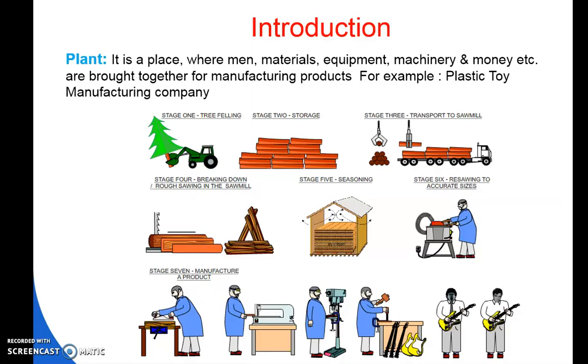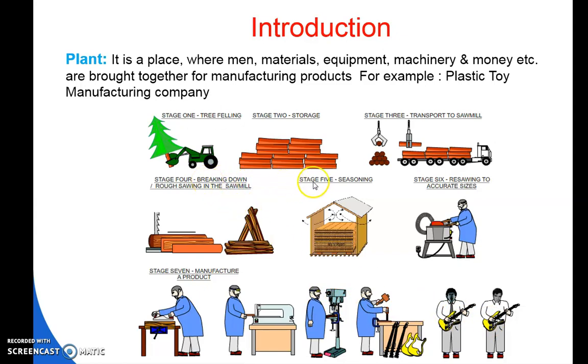Let's come to the introduction part of the chapter. Here in this figure, we are going to see a plant where we are going to make production of a guitar. The guitar requires some material.